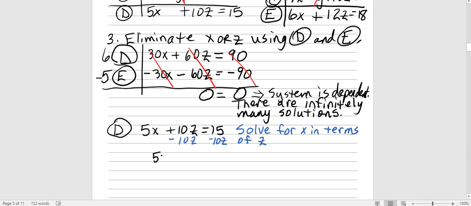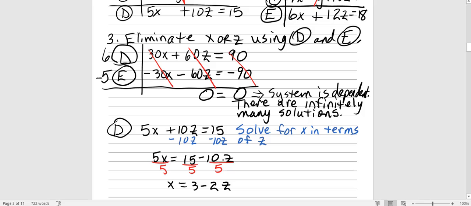So I wind up with 5x equals 15 minus 10z. And now I'm going to divide each term of the equation by 5 so that I isolate x, because I'm solving for x. x equals 3 minus 2z.